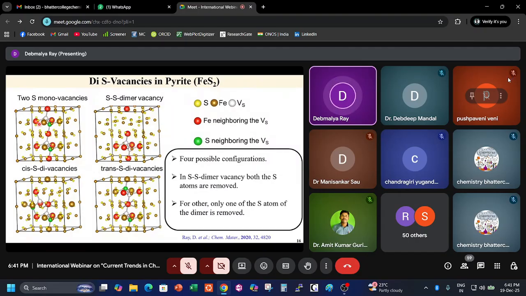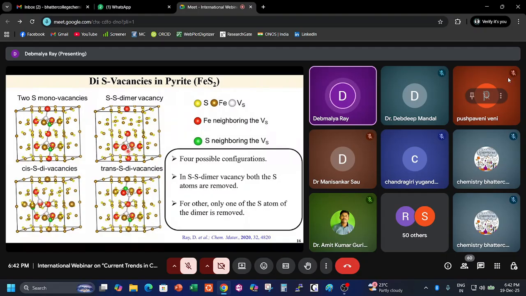Now, one thing you can see here: for the 2 sulfur monovacancies, and the cis and trans vacancies, whenever I am creating the vacancy, there is this neighboring sulfur atom shown in green. However, for the sulfur-sulfur dimer vacancy, there is no neighboring sulfur atom. So we immediately predicted that for these 3 cases, whenever there is a neighboring sulfur atom shown in green, the electron from the vacancy site will move to those green sulfur atoms and make them sulfur 2 minus.